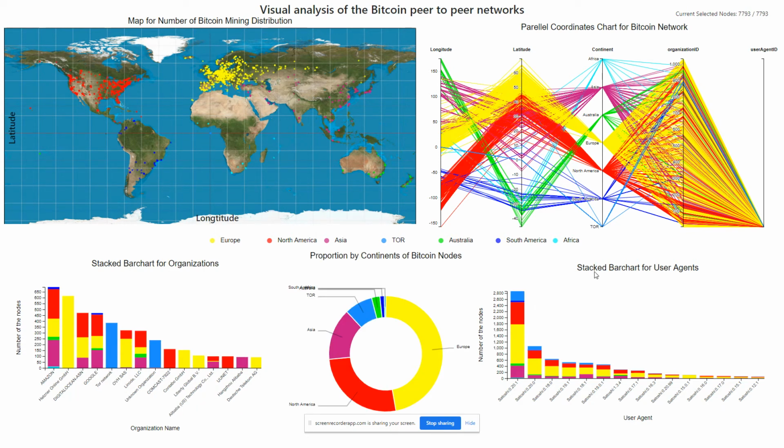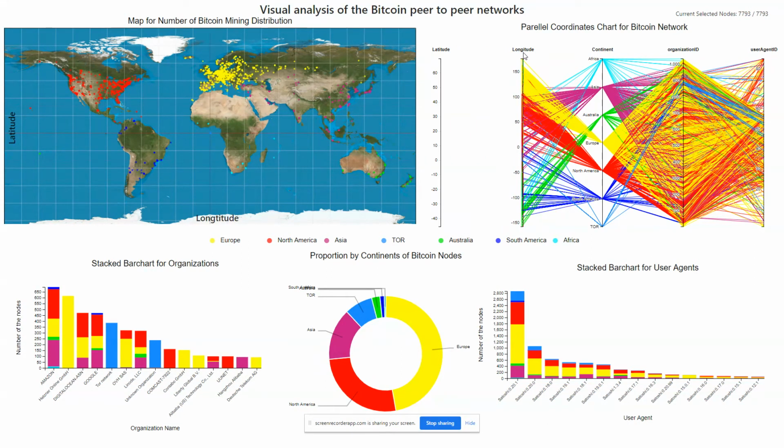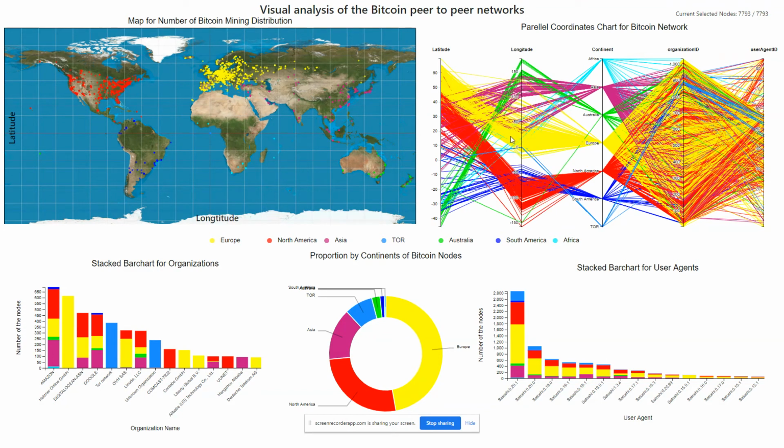And now we can move to the interaction of our parallel coordinates. We also feature axis reordering. Something we would really like to spot is, for example, the southern hemisphere, since we've mostly been talking about the northern hemisphere, like the US and Europe.